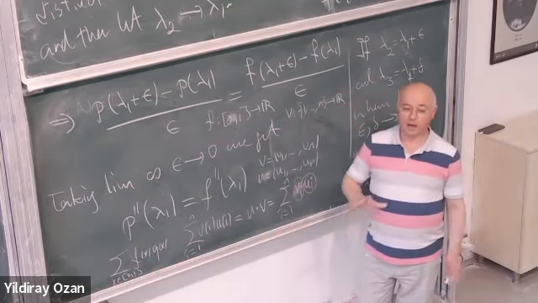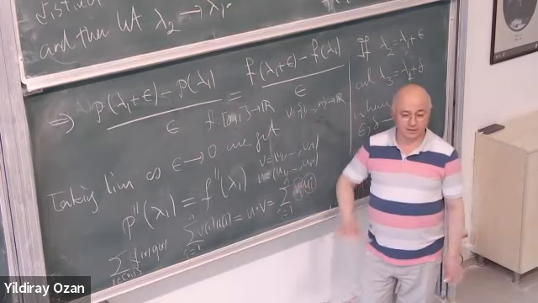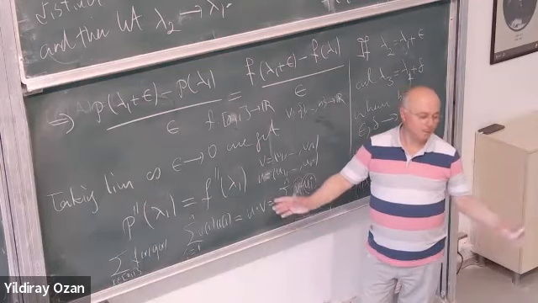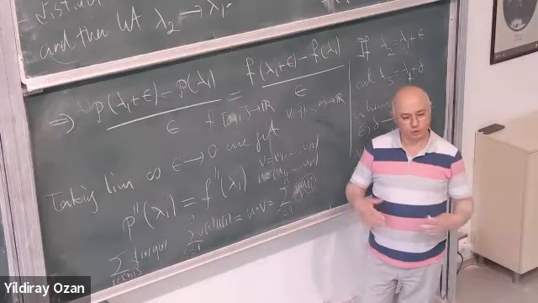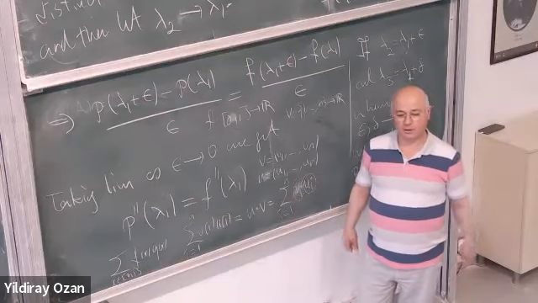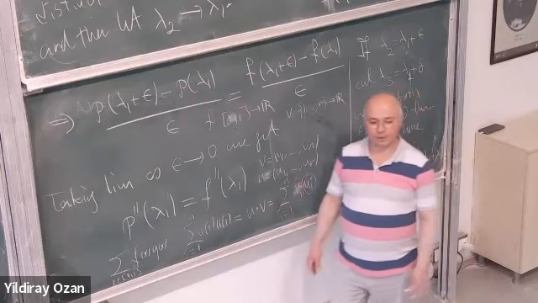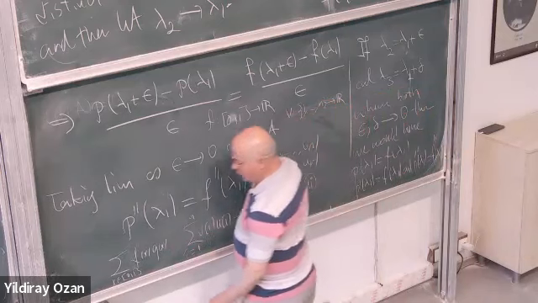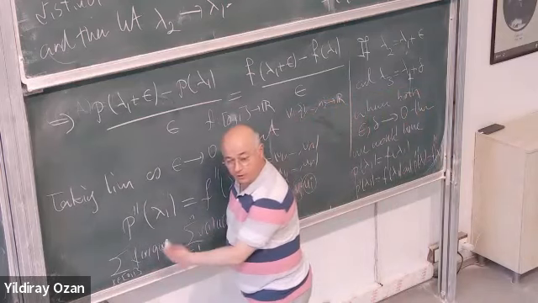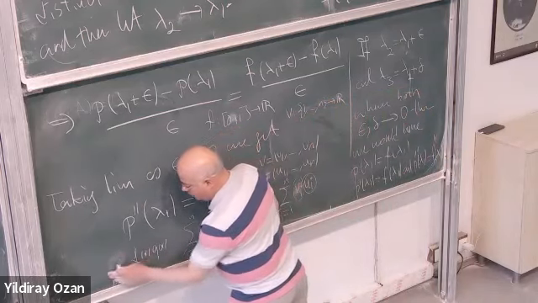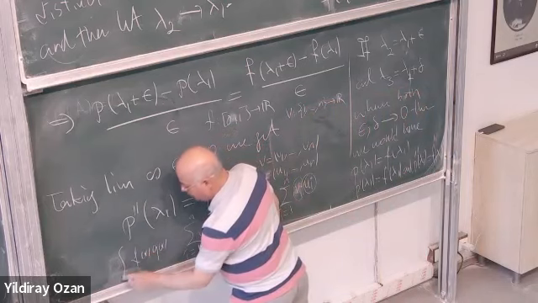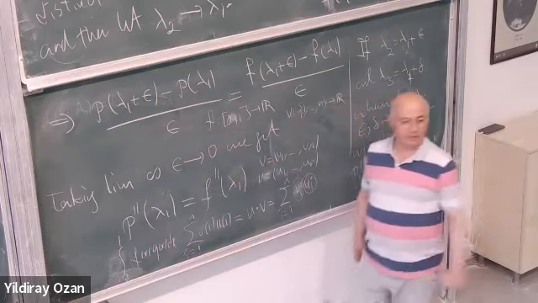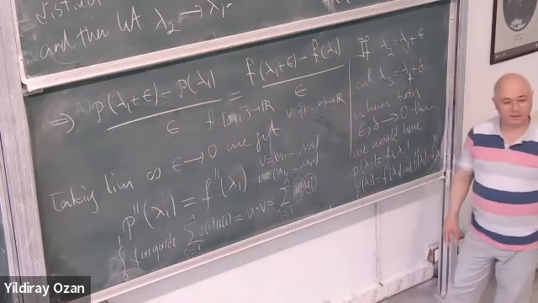Summation over an uncountable set doesn't exist unless almost all of them are zero. If almost all of them are zero, then of course we can compute it. Otherwise, this blows up. So what you do instead of summation, you use integral, right? So that would be integral.